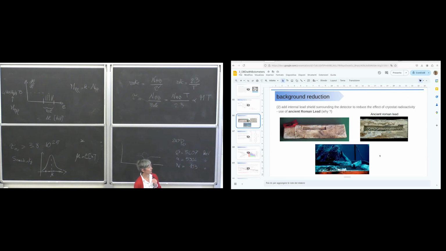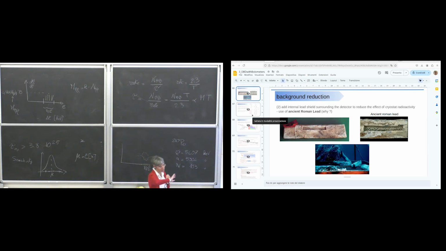It was found in the Sardinia Sea, and we had to cast this lead to prepare our shields. And so you may wonder why we need this lead surrounding the crystal, and what is the advantage of using a Roman lead? Can you guess?